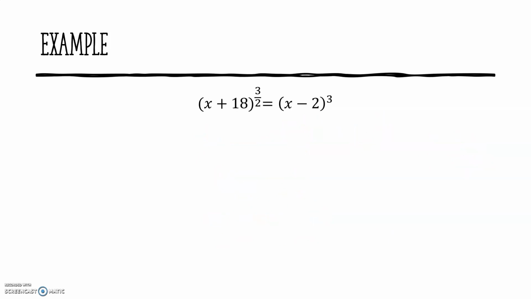Here's a second example. I'm looking just at the left side of the equation and I notice that the yard is cleaned up. So I'm going to take down that house. That house is to the 3/2 power. So I'm going to raise both sides to the 2/3 power to undo that exponent.